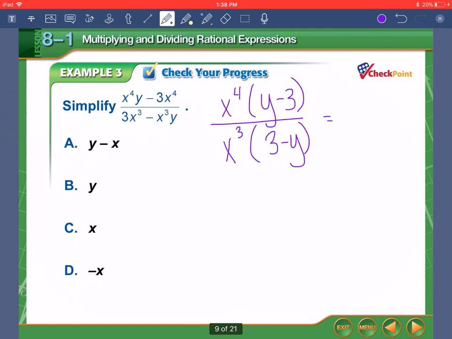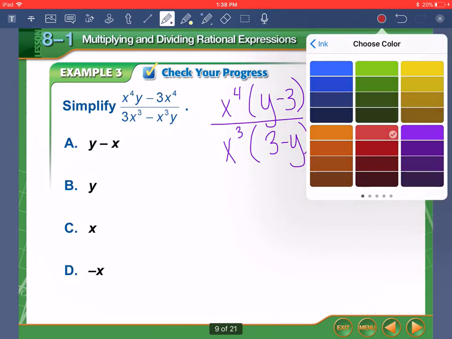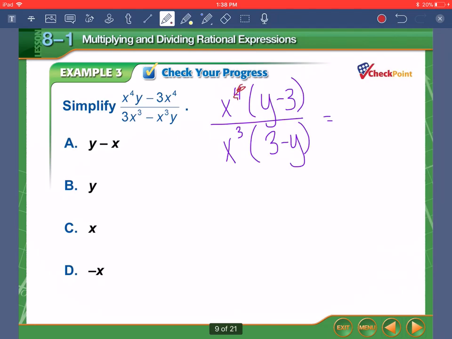I've got x to the fourth on top and x cubed on bottom, so I can simplify the numerator to just be x and the denominator to go away. So I've got x times (y minus 3) over, I'm going to rearrange my denominator to make it negative y plus 3.